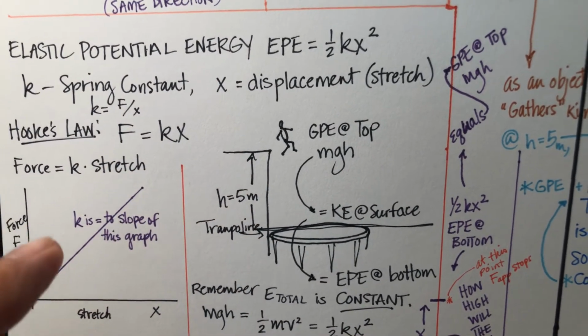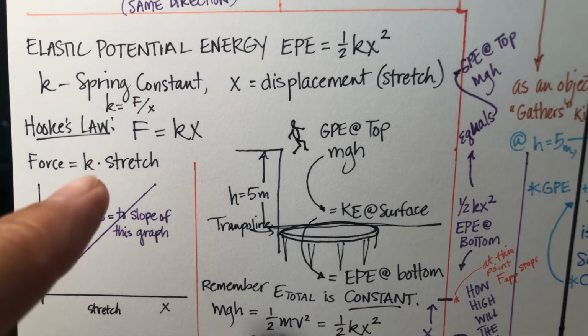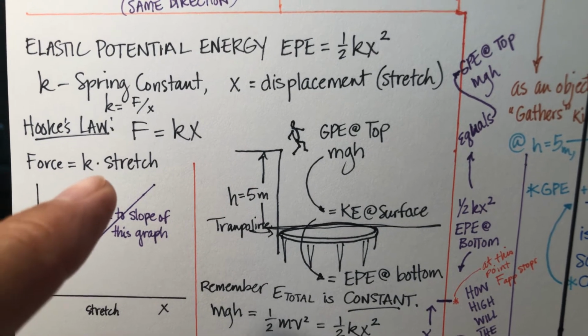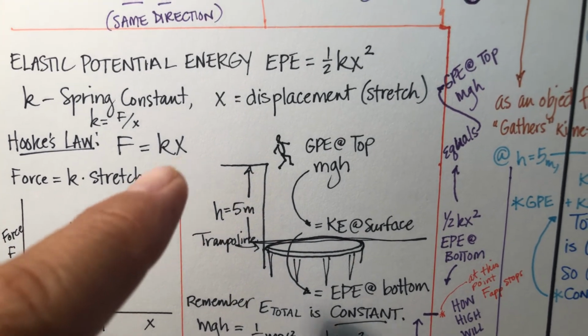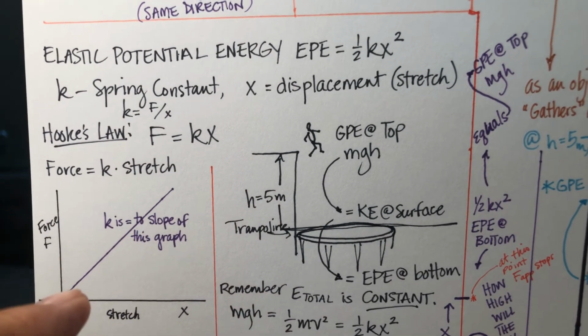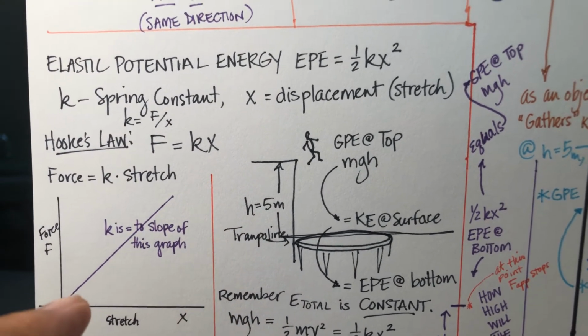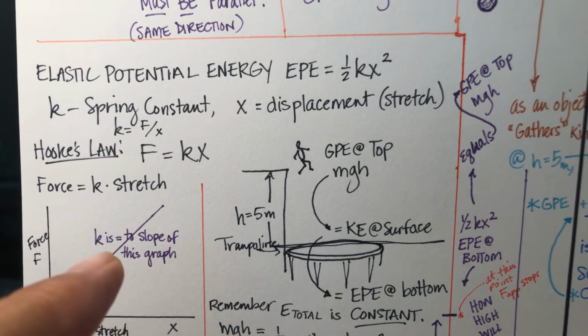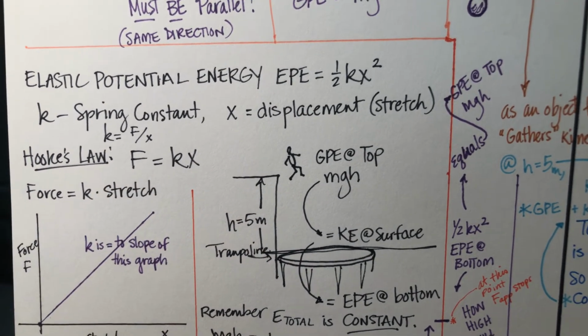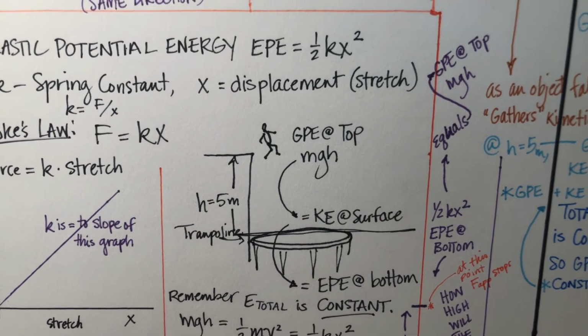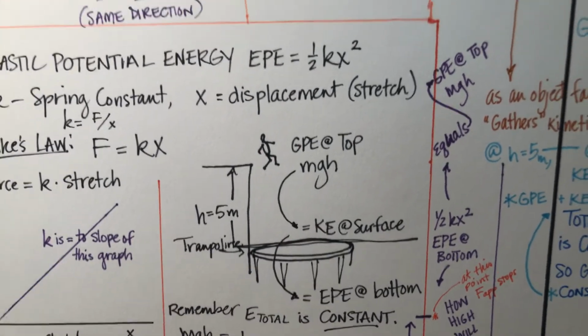F is the force, k is the spring constant, x is the stretch. If we graph force over stretch, k becomes the slope of the graph, in the same slope-intercept form, y equals mx plus b, b being 0.